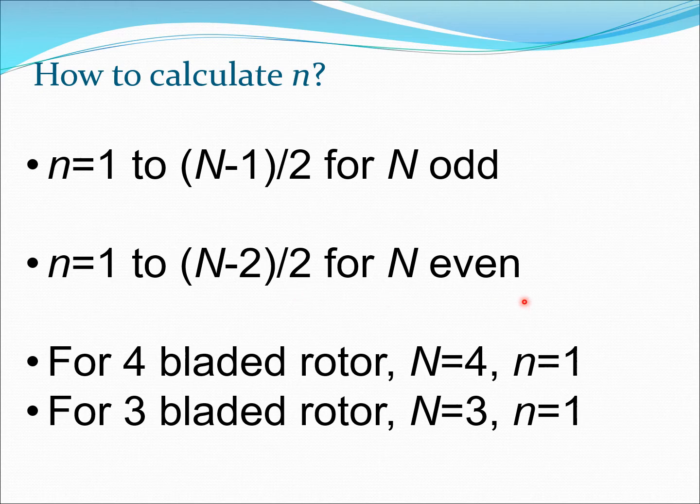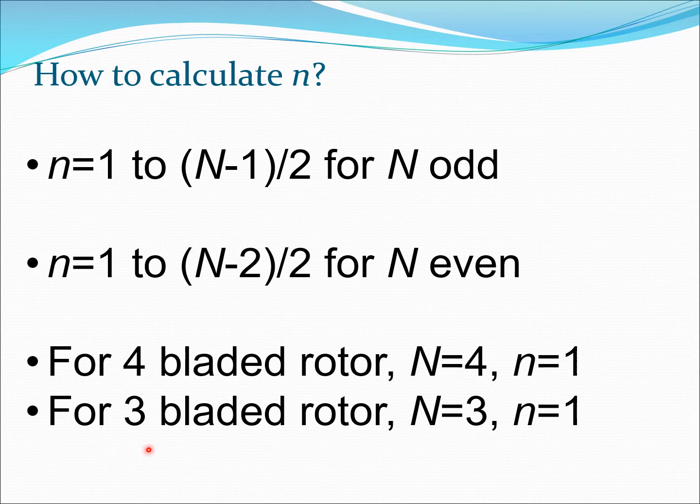Let's take two cases to illustrate. If we have a four-bladed rotor, capital N would be 4. We go to the even definition, plug in 4, we get (4 minus 2) by 2, that is small n is 1.